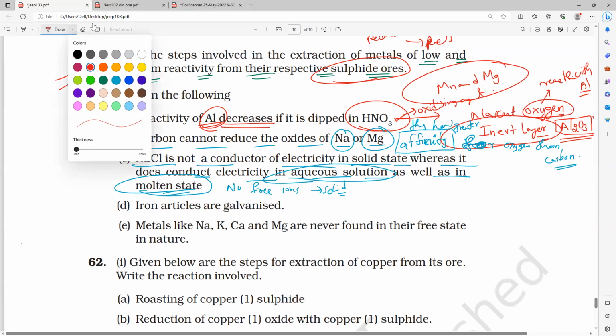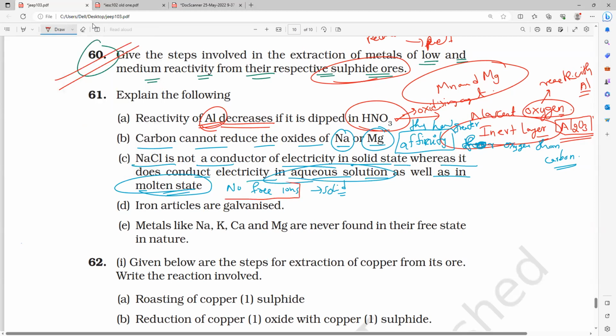You need ions. So in solid state, the ions cannot move. No free ions, or ions cannot move in solid state. So that is the reason it will never conduct electricity.